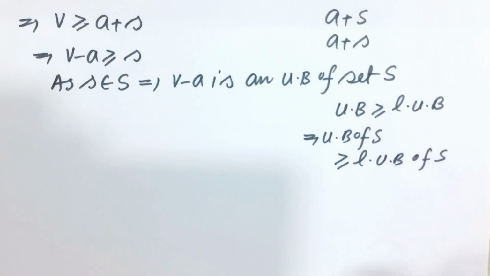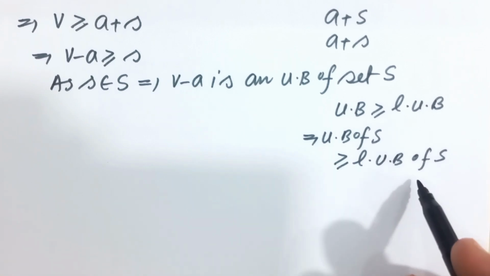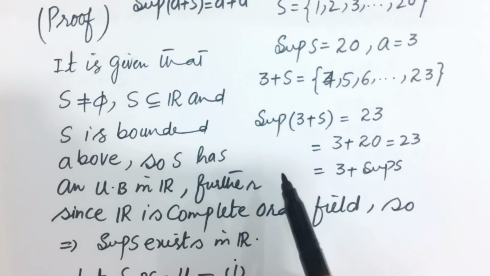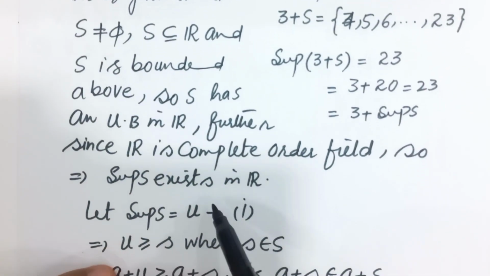Now, what was the least upper bound or supremum of S? We have assumed that the supremum of S is U.